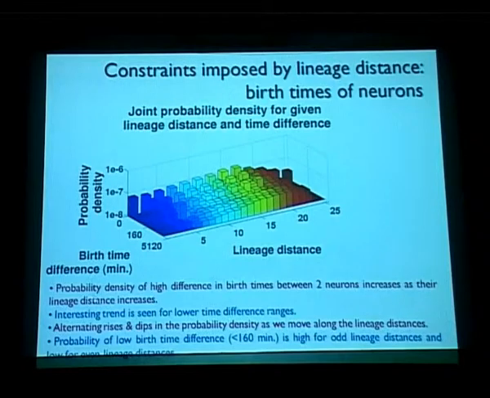As you can see, there's an increasing probability density in birth times between two neurons as the lineage distance increases, and there's a very interesting trend seen at very low birth time differences here, where there's an alternating rise and dip in the probability density as we go along the lineage distance. Therefore, the probability of low birth time difference is high for odd lineage distances and low for even lineage distances. We'll explain that in a minute.